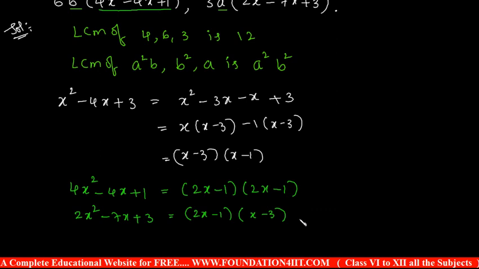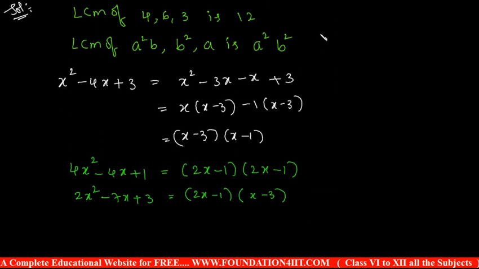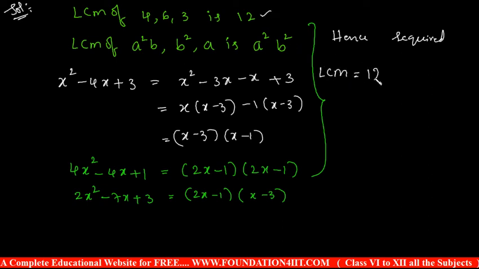Now all together we need to find out the LCM. So compare all of this, then hence the required LCM, writing. That is, first coming to the numbers, there is 12. 12 I can write. Next is a square b square.